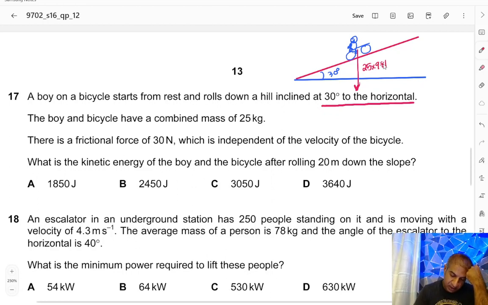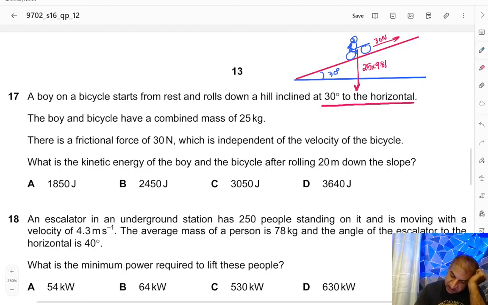Well, nevertheless, there is a frictional force of 30 Newton, which is independent of the velocity of the bicycle. Okay, so we happen to have a frictional force that is acting in the opposite direction, and that is 30 Newton. What is the kinetic energy of the boy and the bicycle after rolling down 20 meters down the slope? Okay, so let's suppose we have already traveled 20 meters.